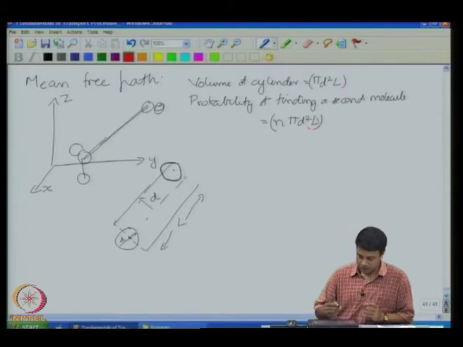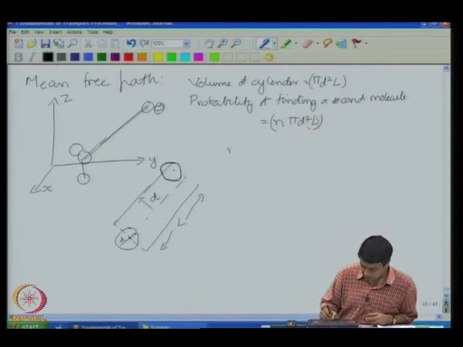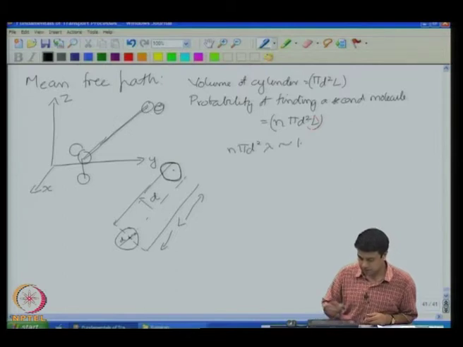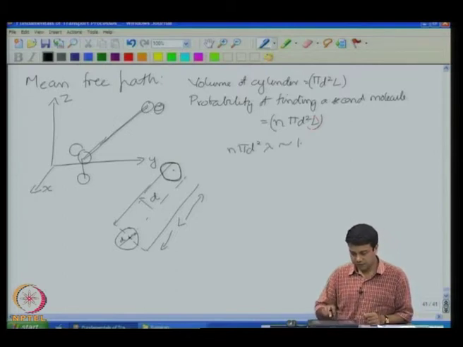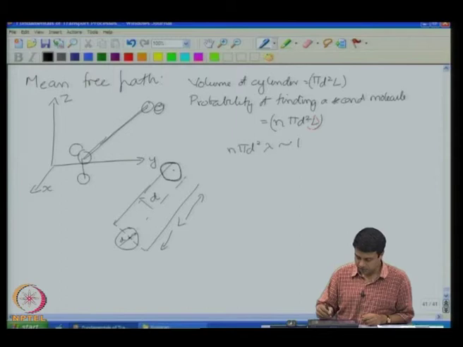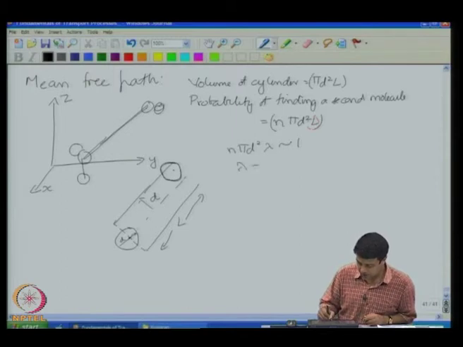Therefore, n pi d square times lambda is approximately 1, and lambda has to be approximately 1 by pi n d square.